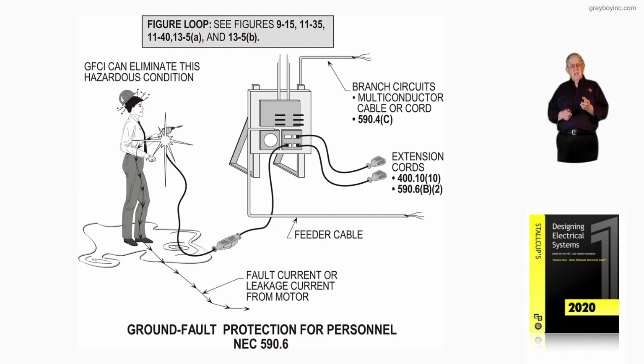But if they have GFCI protection, they're set to trip at 6 milliamp, and you could have 5 milliamp minus 1 or plus 1 on some GFCIs.